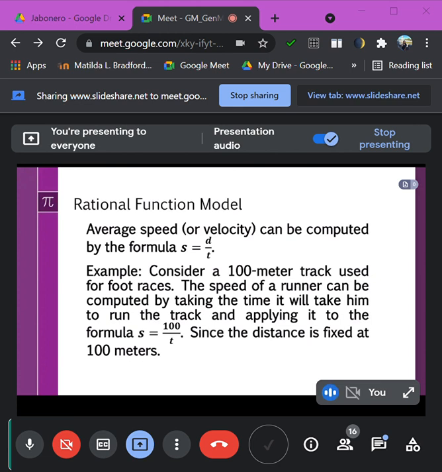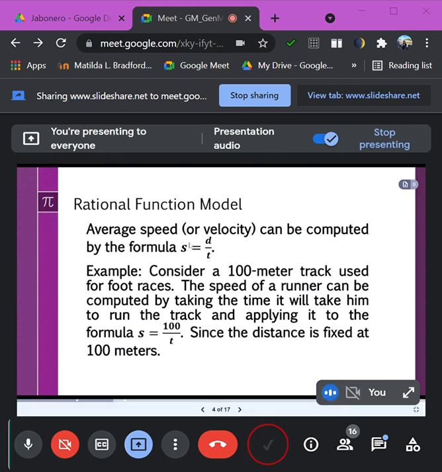So as you can see, class, using our formula of velocity or average speed, in our problem, gisubstitute na to ang 100 as the distance since that is 100-meter track used for foot races. So that is already fixed in which it cannot be changed.